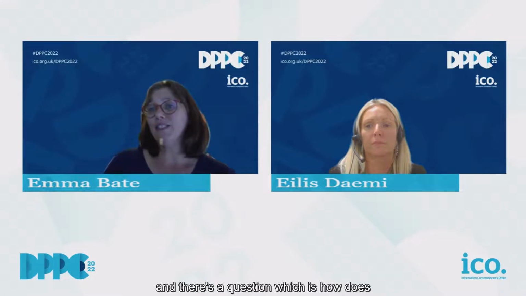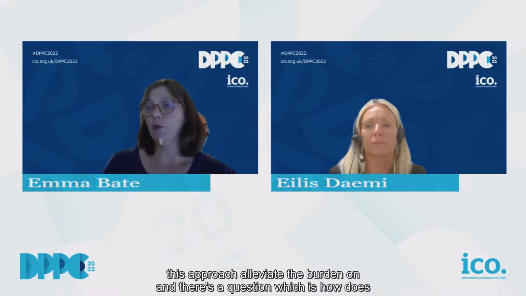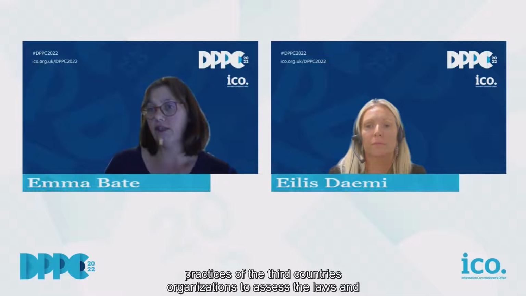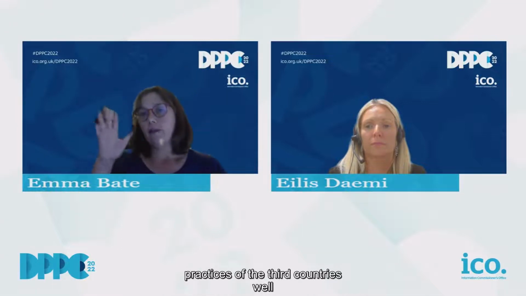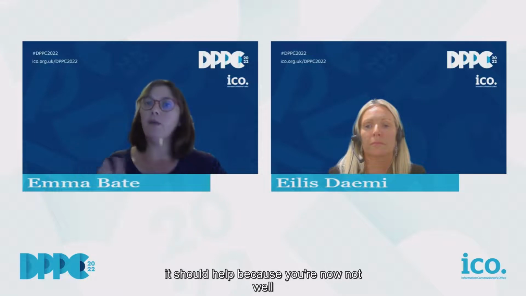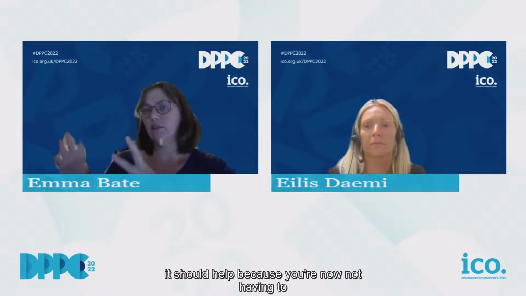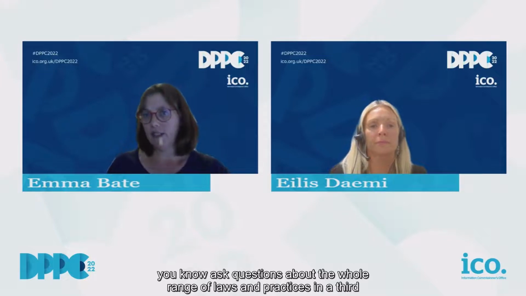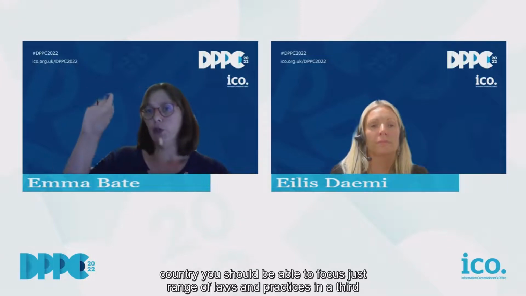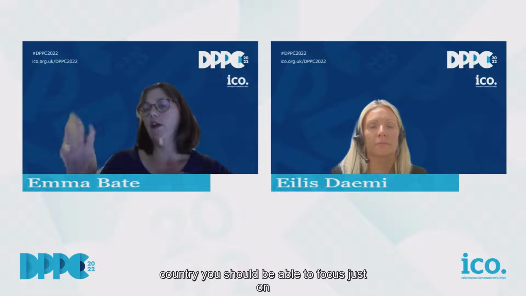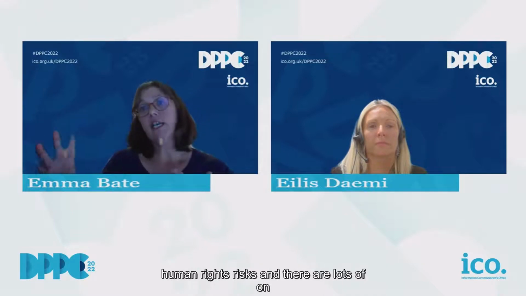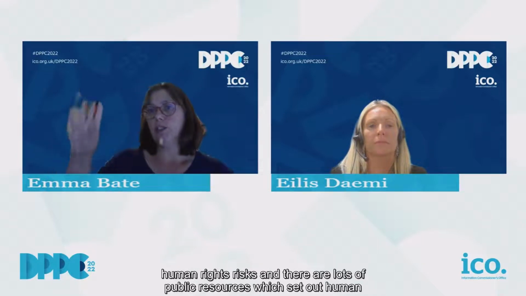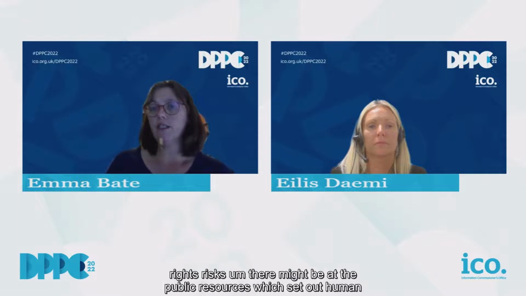There's a question: how does this approach alleviate the burden on organisations to assess the laws and practices of third countries? Well, it should help, because you're now not having to ask questions about the whole range of laws and practices in a third country. You should be able to focus just on human rights risks, and there are lots of public resources which set out human rights risks.